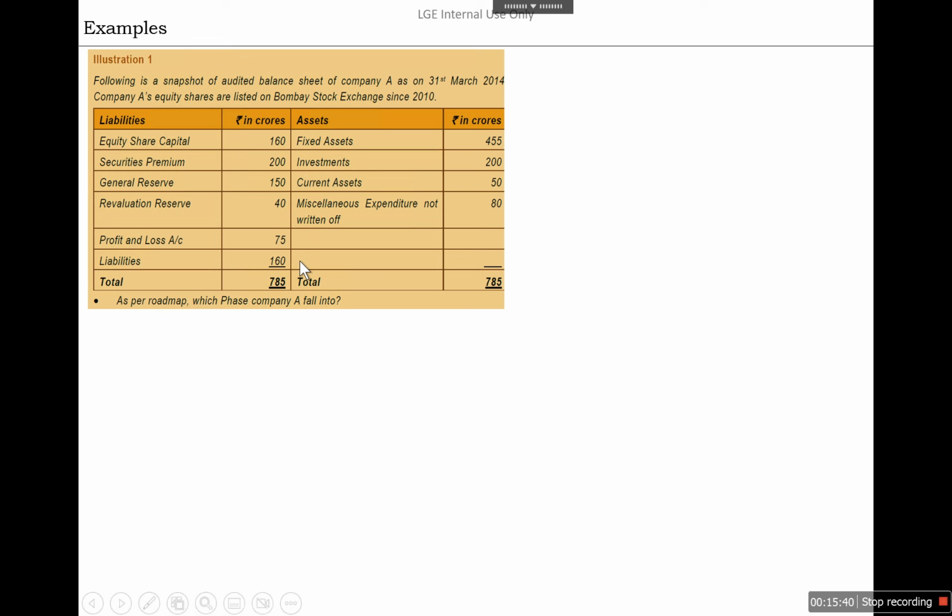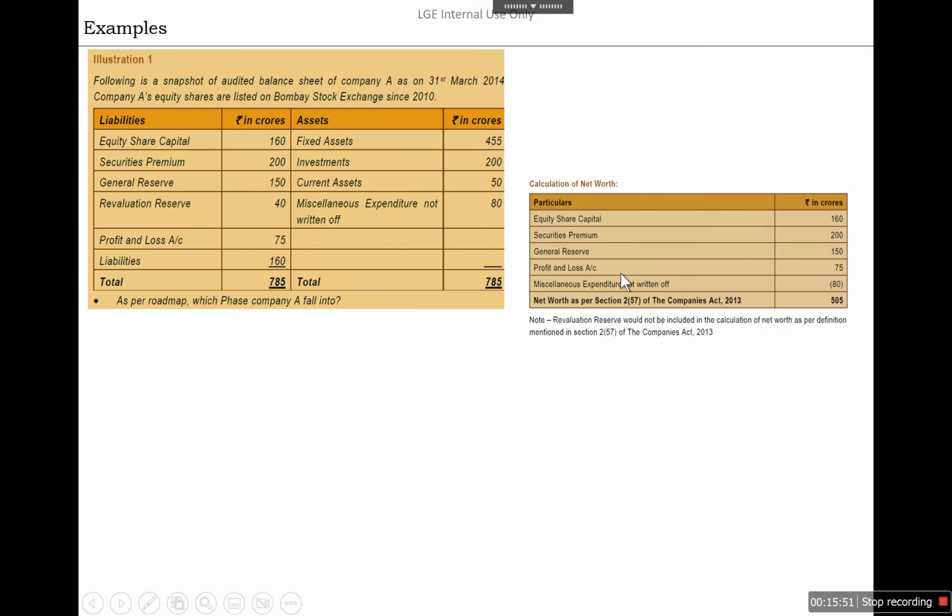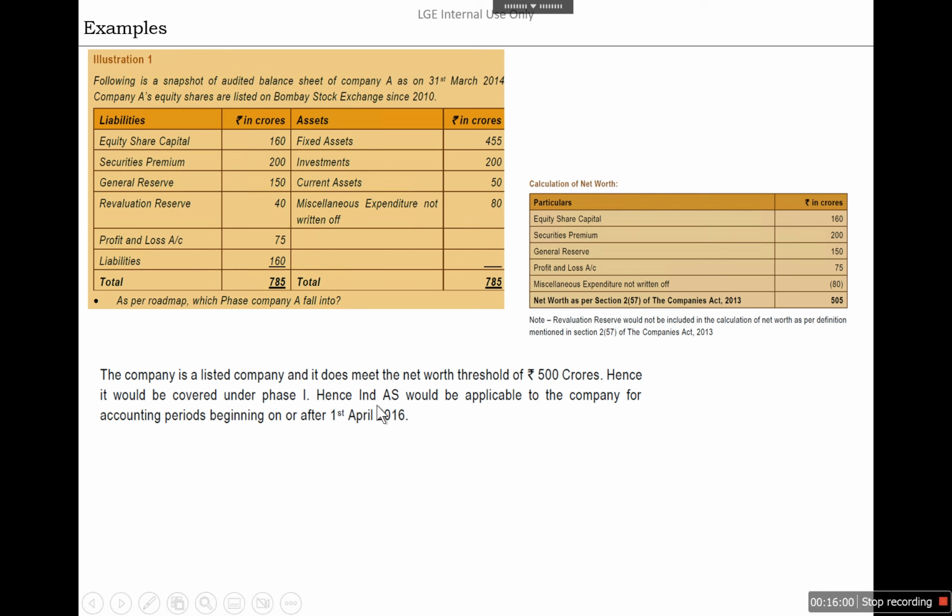We will also consider the profit and loss balance, and reduce the expenses that are not written off. So let's check. The net worth comes to 505 crores, which is more than 500 crores, so it will be covered under phase 1 for implementation purposes.